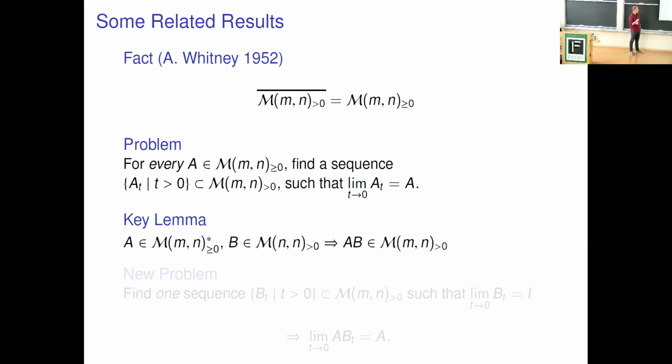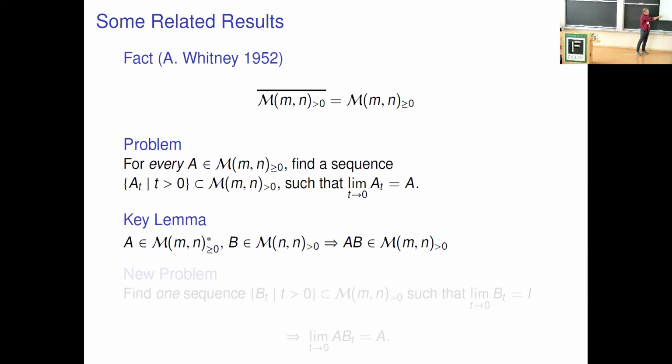Suppose A is a non-negative matrix, and suppose B is a totally positive matrix. Then if you multiply them, you get another totally positive matrix. There's a small caveat here, the asterisk: A should have full rank.